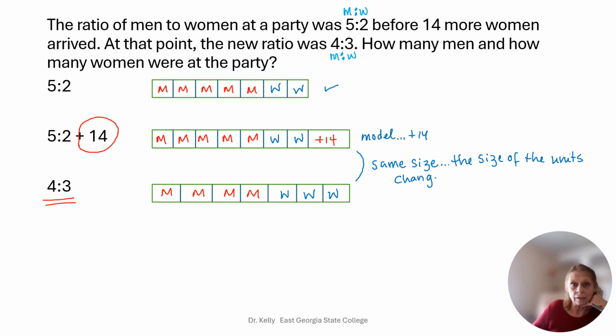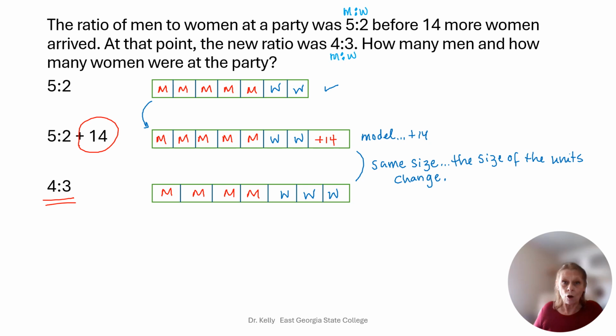Okay, it's kind of subtle. I probably should have made this a little bit bigger, but it's subtle. But you can see where we added the 14 women from here to here because we added length there, and then when I made this, I made sure that my 4 to 3 was the same length as my 5 to 2 plus 14. Okay, so hopefully you understand where all this is.